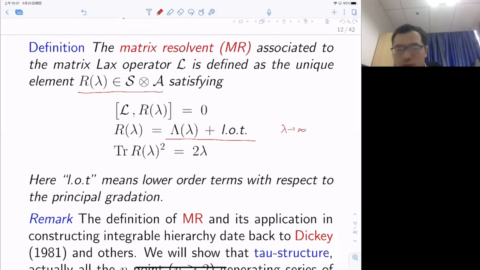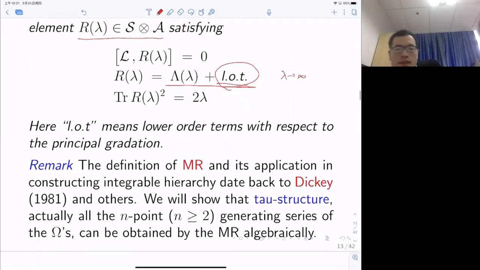And the third condition is trace of R squared equals lambda. Here the rest terms mean lower order terms with respect to the principal gradation. The definition of matrix resolvent and its application to constructing integrable hierarchies was actually used a long time ago in integrable systems.